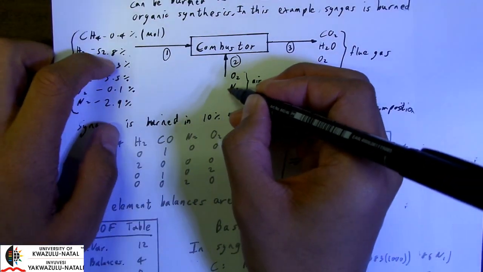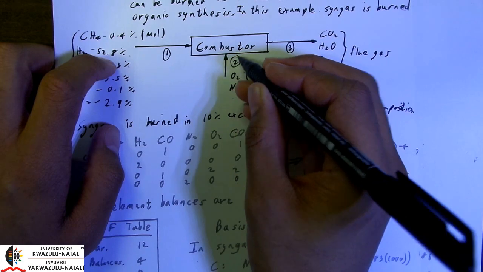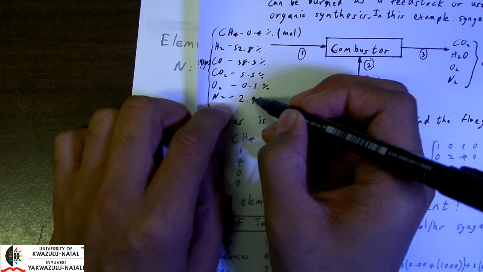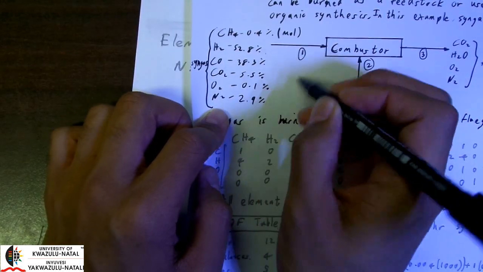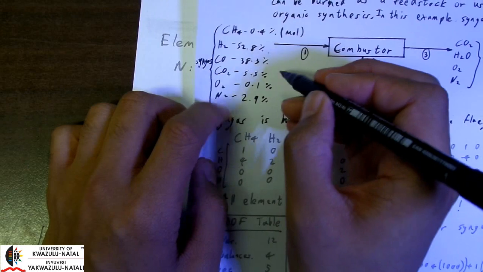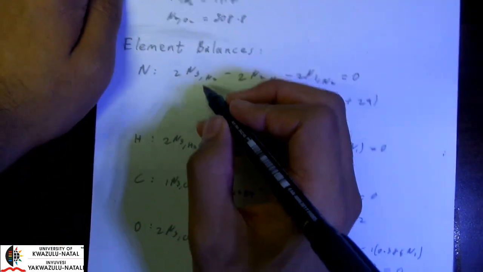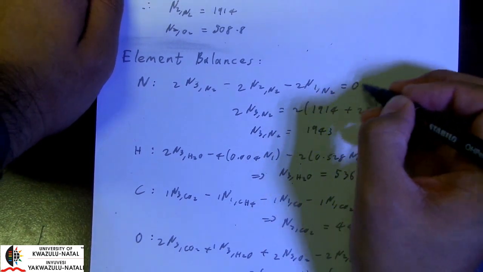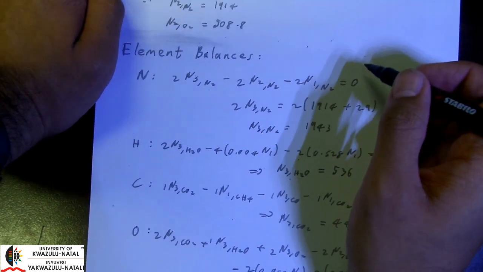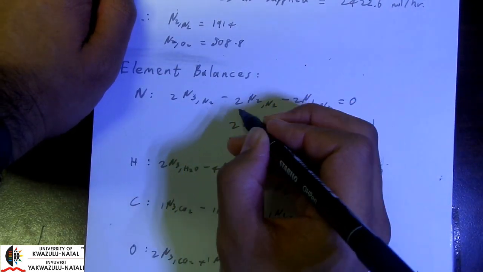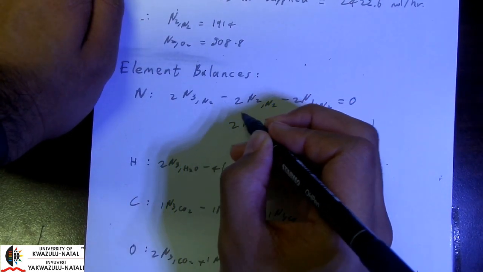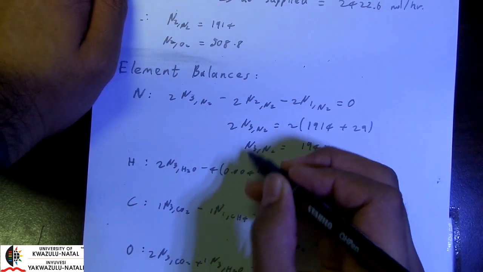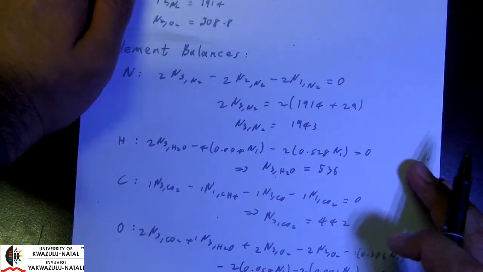So that's 2 multiplied by N of N2 in stream 2, and subtracting 2 of N1 of nitrogen. Okay, so here it is. And of course it's equal to 0. My elements are always conserved. And we know what these values are here. The amount of nitrogen in stream 2 as well as in stream 1. So we can get our amount of nitrogen in stream 3 quite easily.